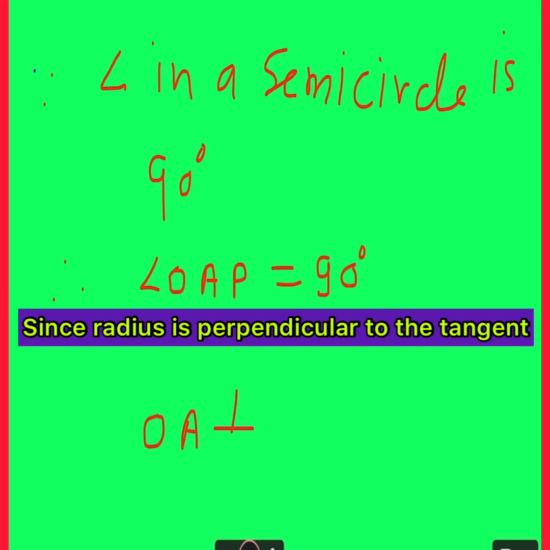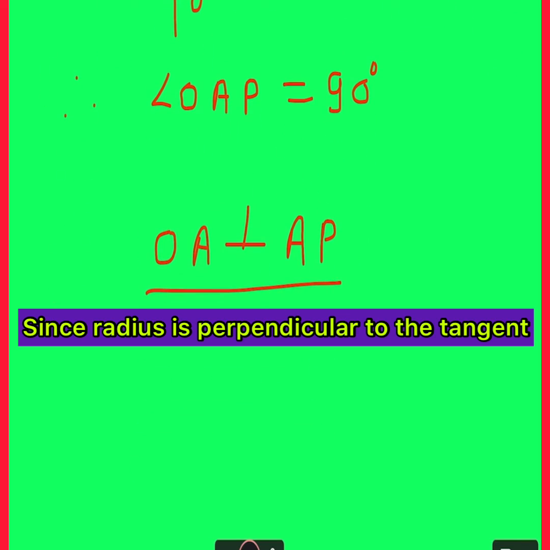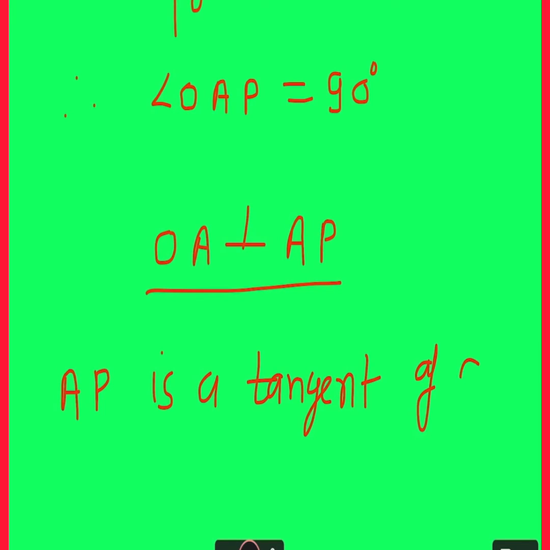The name of the tangent is AP, and this is only when you know that radius is always perpendicular to tangents, hence you can say that AP is a tangent of a circle.